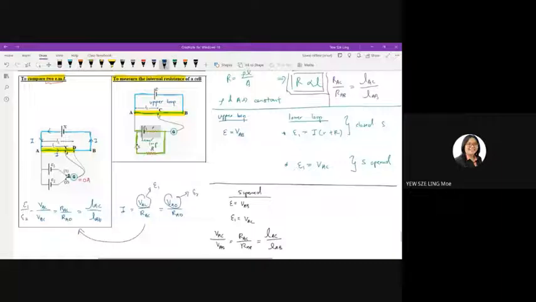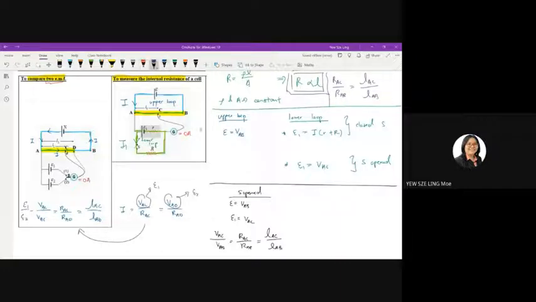So this is another part that you have to be careful. Here you have a current I, a blue color current. When the lower loop has its own complete circuit, then it will have its own current flowing through it. This I1 has nothing to do with I when your galvanometer is balanced.